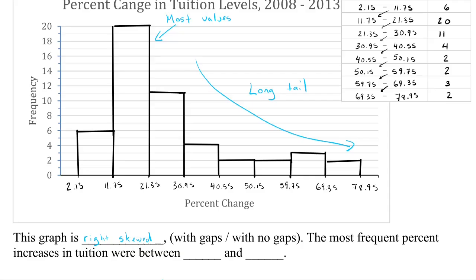We don't have any classes that were empty, so this has no gaps. And the most frequent percent increase, this is the bar with the highest frequency, was between 11.75 and 21.35. So that's how we would describe the shape of this graph. Skewed right with no gaps. The most frequent percent increase is in that second group.